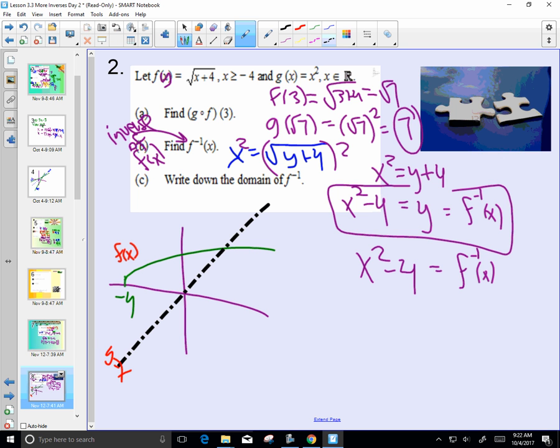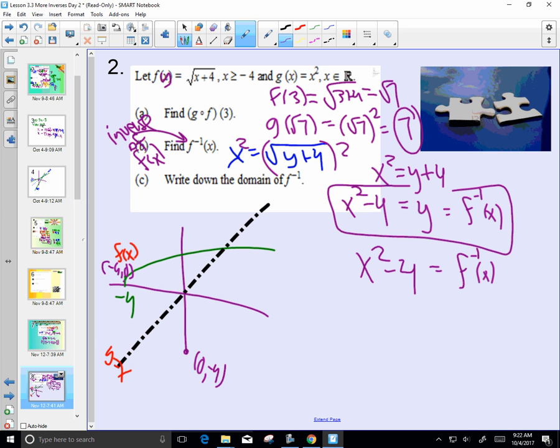Now we're going to draw the inverse of this. x squared minus 4. Draw the inverse. Here's negative 4, 0. If this is negative 4, 0, where's the inverse point? Very good. Is that all right? Did I lose you? Inverse means reverse.